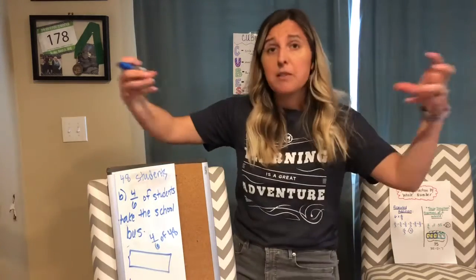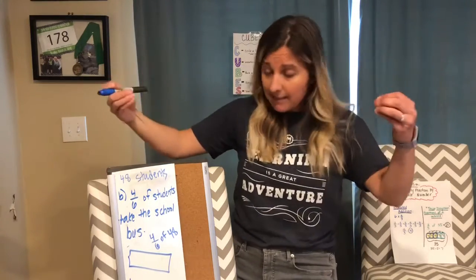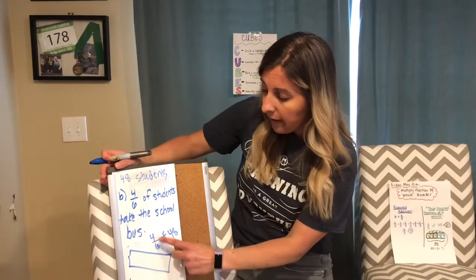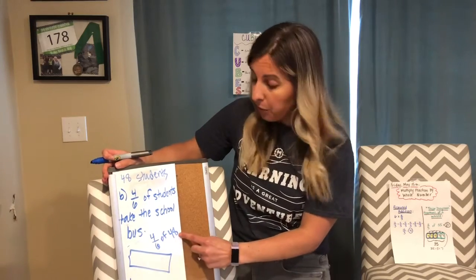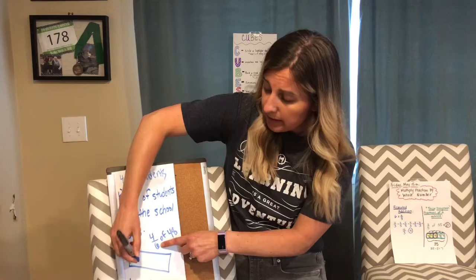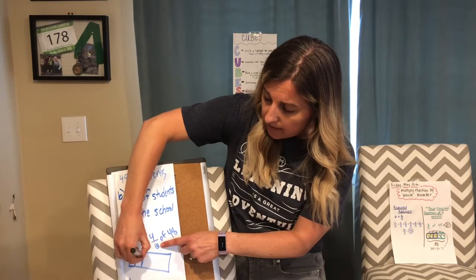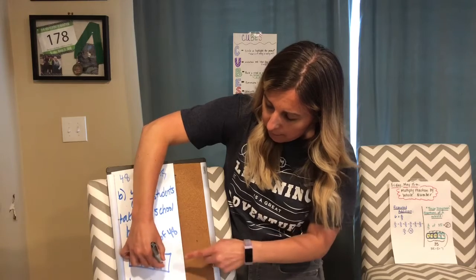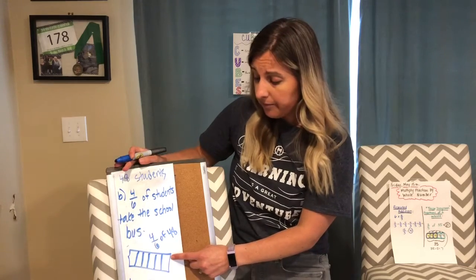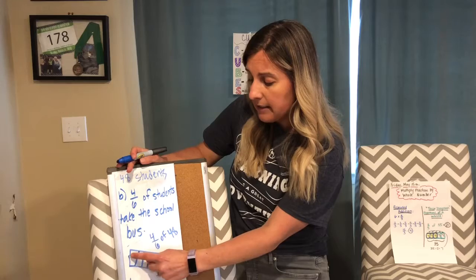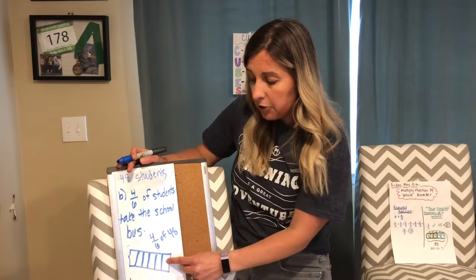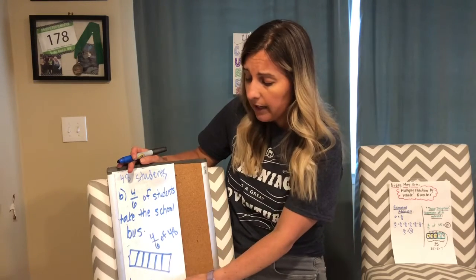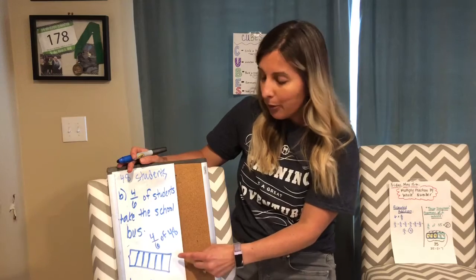Your strip is going to be equal to 48, and now you're going to find 4/6 of that 48, starting by splitting this up into 6 equal pieces. 1, 2, 3, 4, 5, 6. Okay, and you'll find out the number that goes in each of those 6 by doing 48 split up into 6 equal parts.